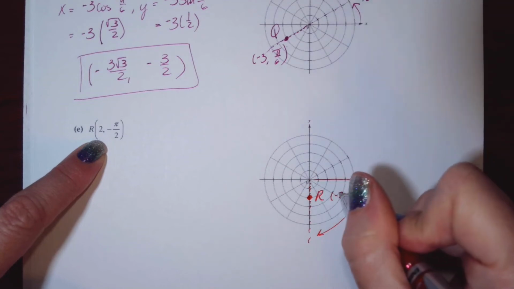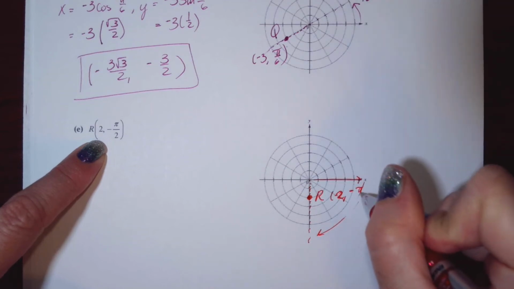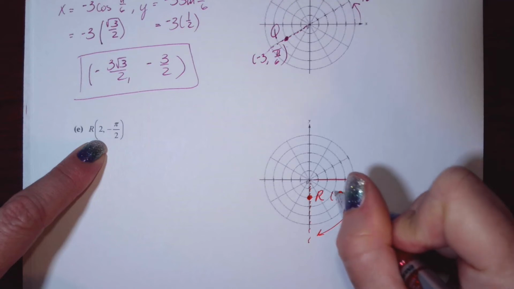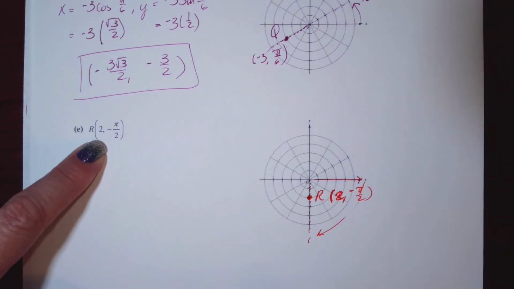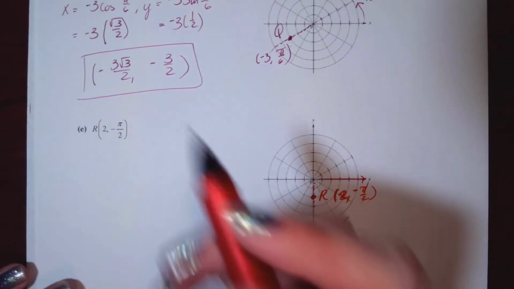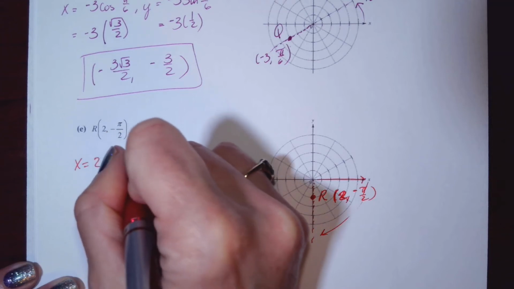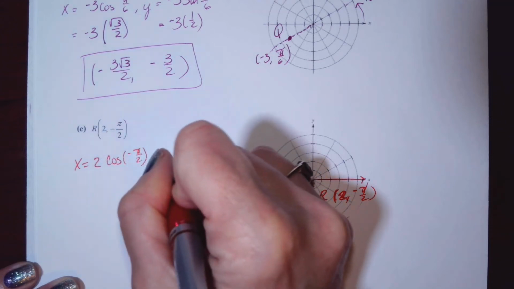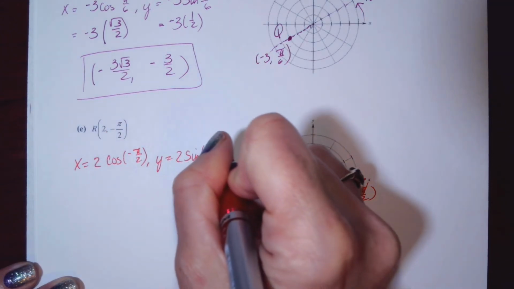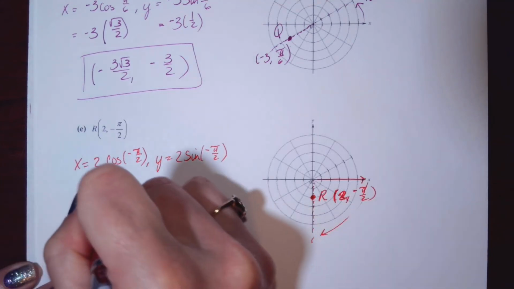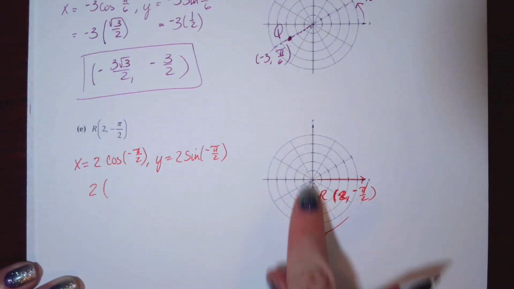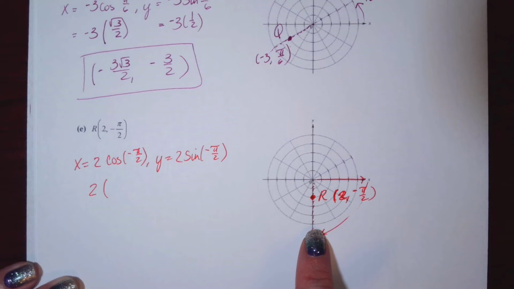Whoops, that is a positive 2 at a negative π/2. Positive 2 is the coordinate for negative π/2. It's on this quadrantal axis heading south, right? And then I find my rectangular coordinates. Well, the coordinates on the unit circle for this would be 270 degrees or 3π/2 if I were moving in a positive direction.